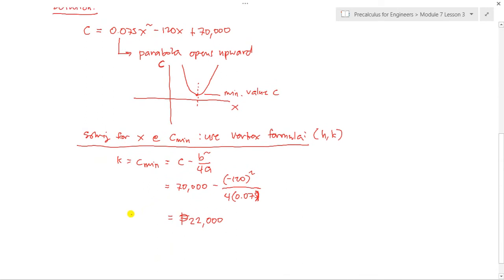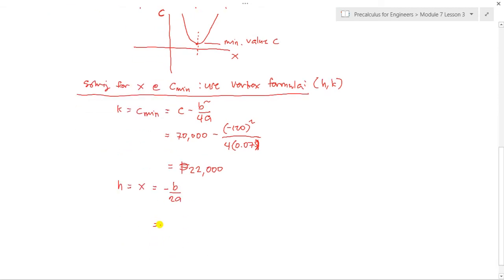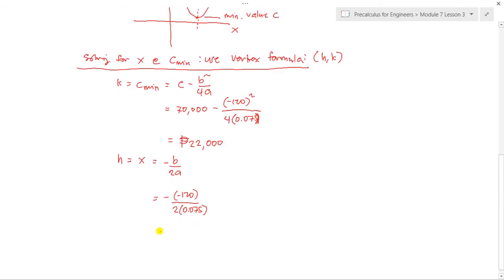So therefore that is the x or the h. So h is equal to the x, which is equal to negative b all over 2a. So it is equal to negative times negative 120 all over 2 times 0.075. So that is equal to 120 divided by 2 times 0.075.